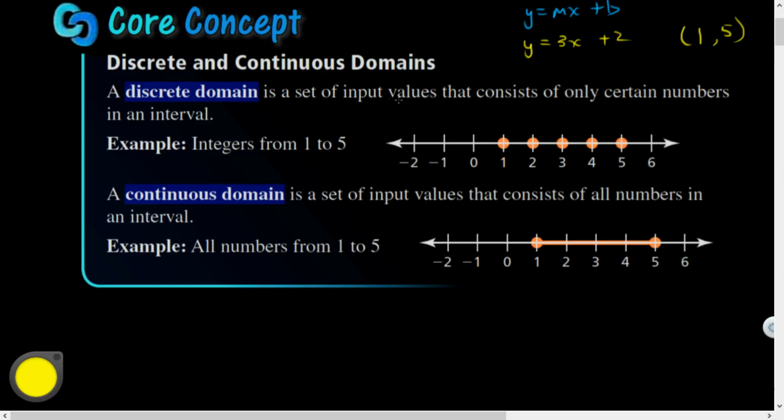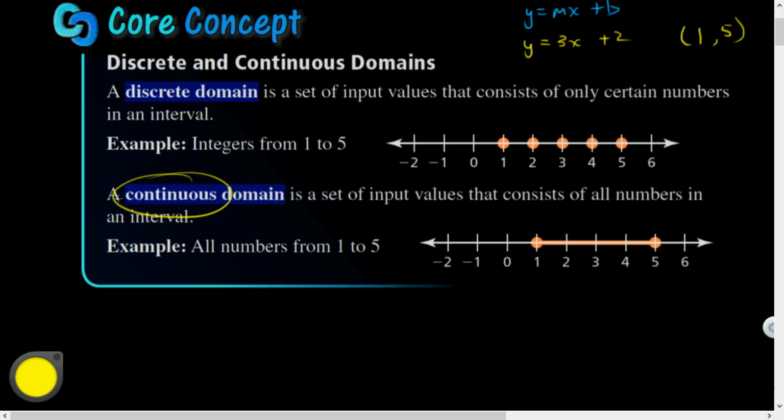A discrete domain is a set of input values that consists of only certain numbers on an interval, like the integers from 1 to 5, the counting numbers, which wouldn't include fractions or decimals. Continuous is everything in between, infinitely many solutions. 1.1 works, 2.718 works, the square root of 2, roughly 1.414, an infinitely long non-repeating decimal, would work. Everything in between would be continuous.